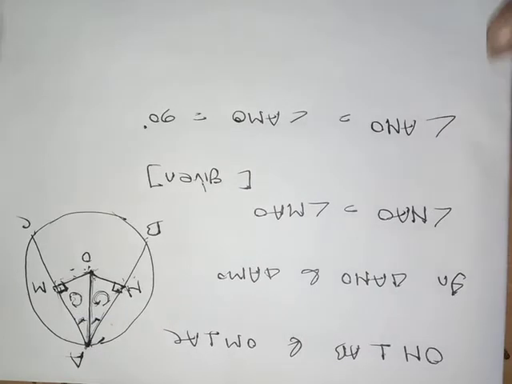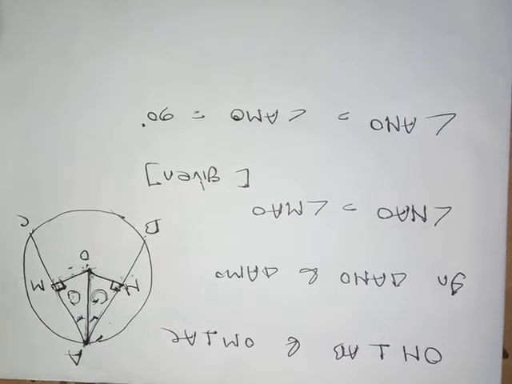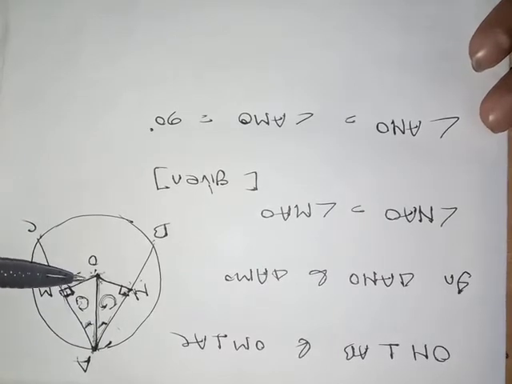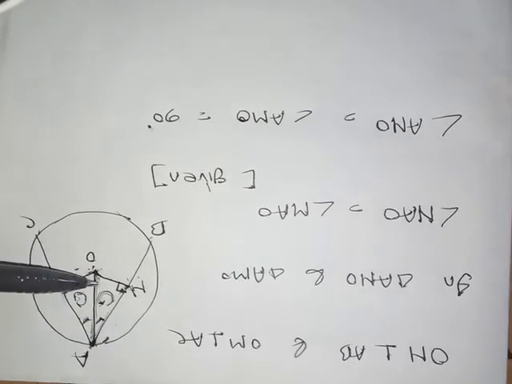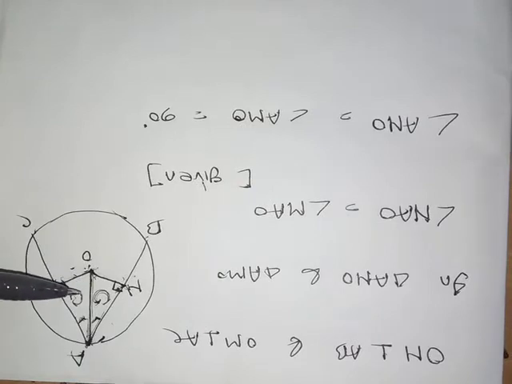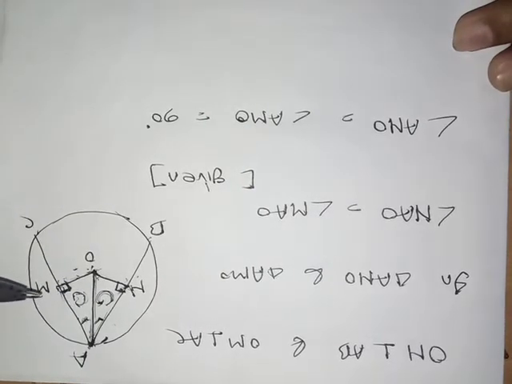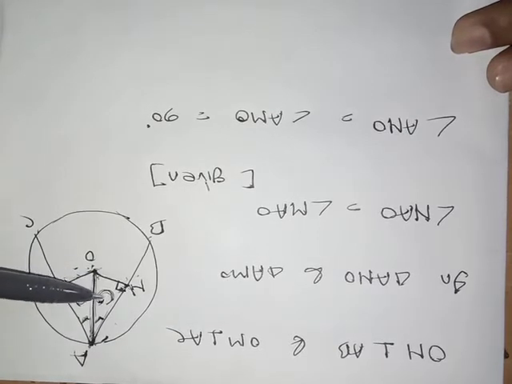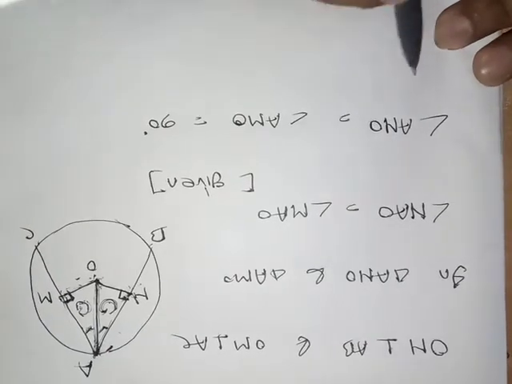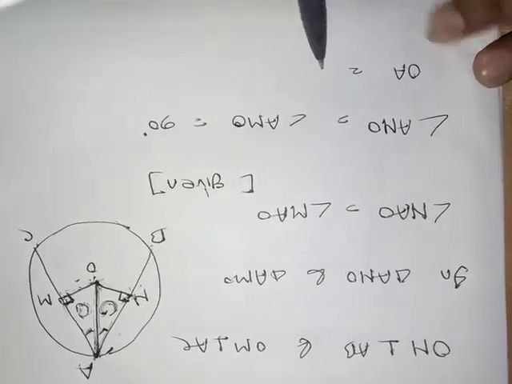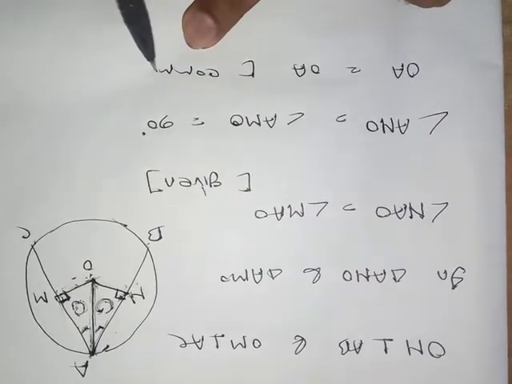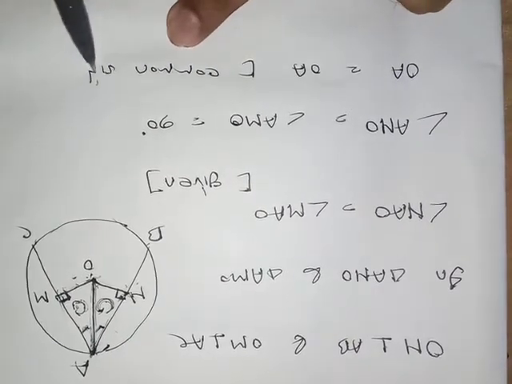And if you see carefully, you will notice that there is a common side both in this triangle and this triangle. So you can say that side OA is equal to side OA. Within brackets we can write common side.